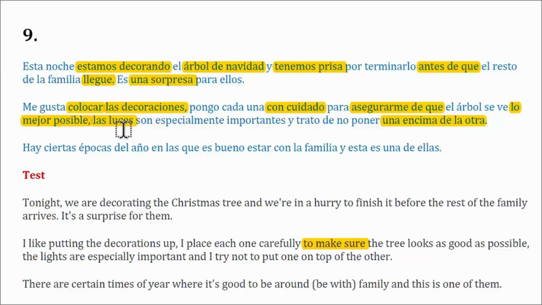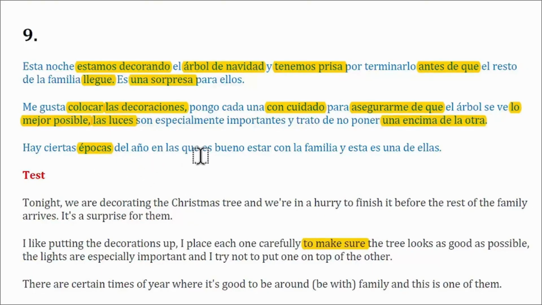Then in the last sentence, we have another example of this. Hay ciertas épocas del año en las que es bueno estar con la familia, y esta es una de ellas. Okay, so there are certain times. Hay ciertas épocas. Épocas would be times or periods of the year, del año, and certain would be ciertas, matching with épocas, being a feminine word, del año.